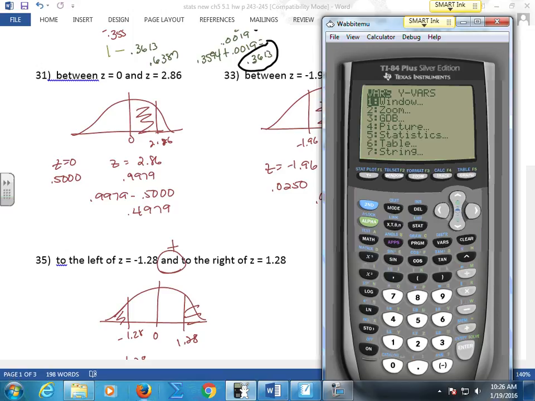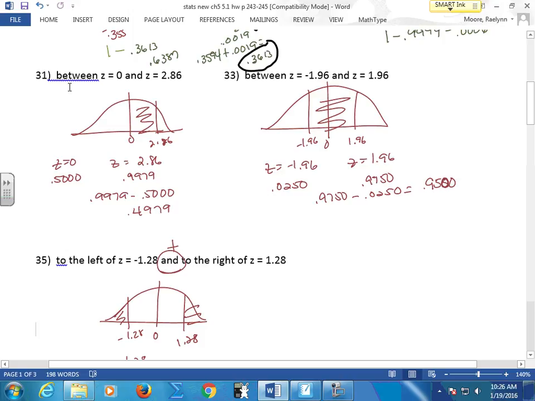All right, so this in between on number 31, the calculator works really nice for your in between. Yes, Shayla? When I put it in the calculator, I put my lower boundary as the 0.500. What's the z-score for 0? Just put 0 in there.